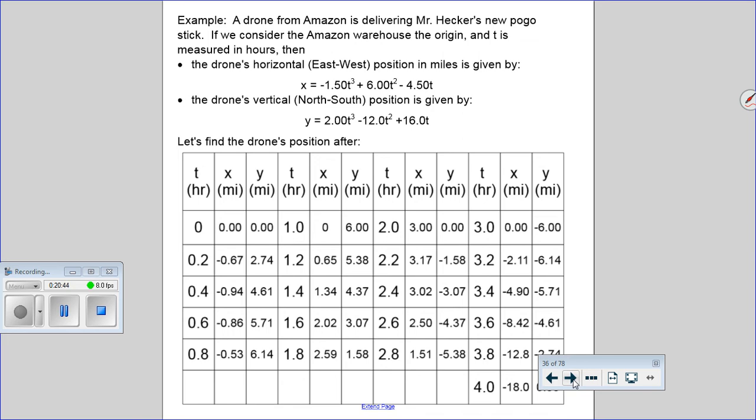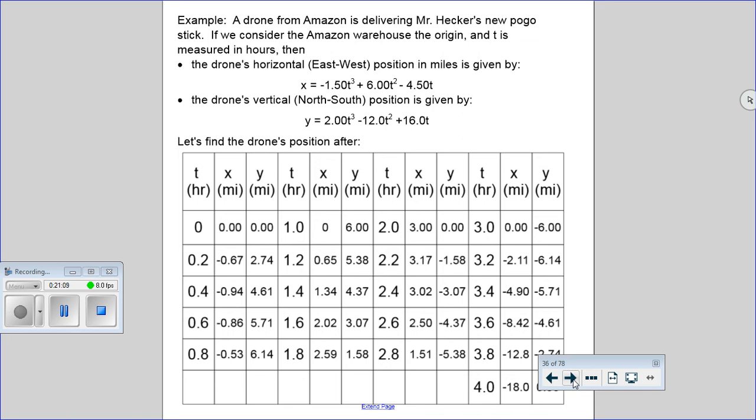All right. So now the question becomes, how do we graph this, right? In the past, we always dealt with position-time graphs and velocity-time graphs, but this gets ugly now, right? Because now I've got my horizontal position changing with time and my vertical position changing with time. So what we're going to do is the following. We're going to plot the points. I'm going to plot this as a point.